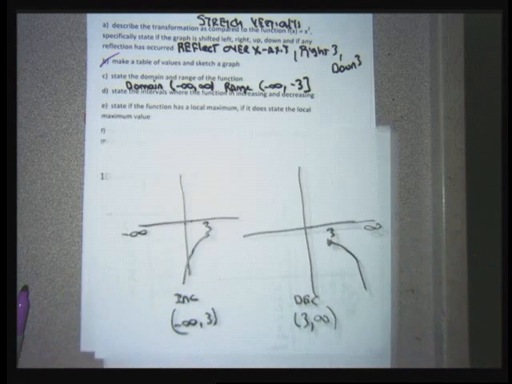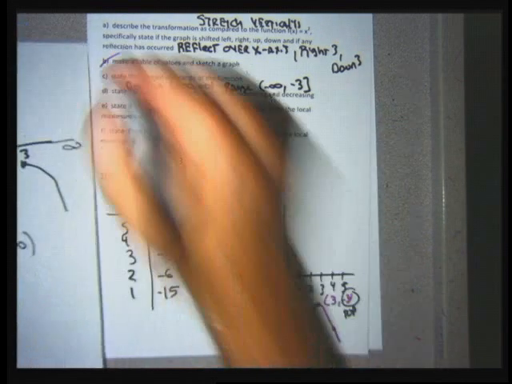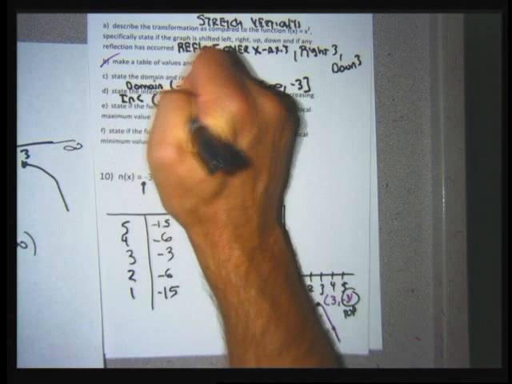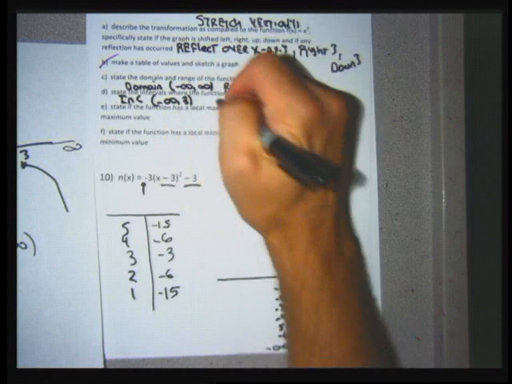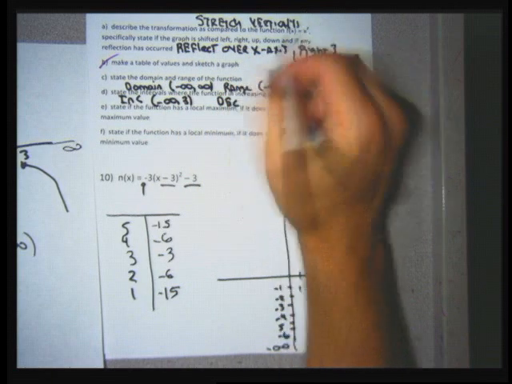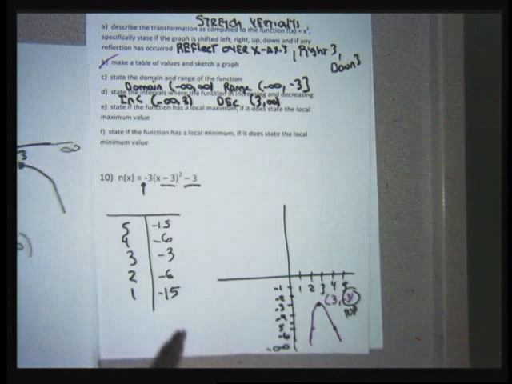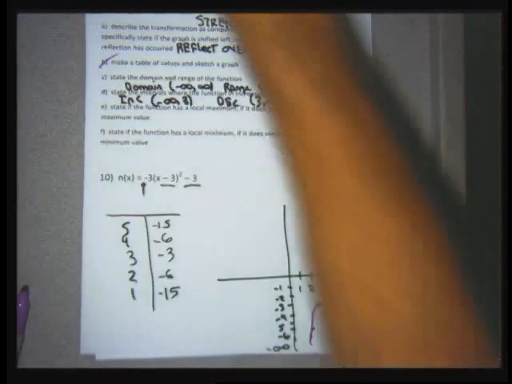So let me write that in here. I'm going to write increasing from negative infinity to positive 3, and it's decreasing from 3 to infinity. This graph, unlike the last three, has a maximum but not a minimum.